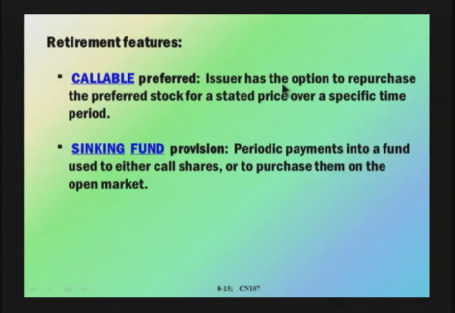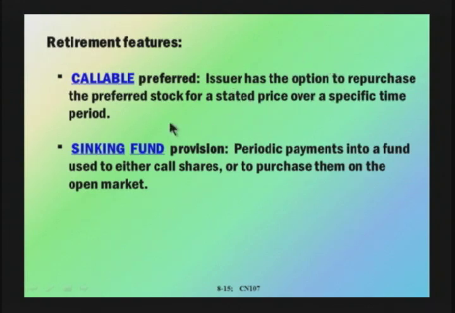It gives the issuing firm the right or the option to repurchase the preferred stock at some stated price over some specified time. So if preferred stock is issued and it's callable, at some point the issuer can simply repurchase it at that stated price, and it's not going to stay outstanding forever if the issuer exercises that option, but they don't have to.